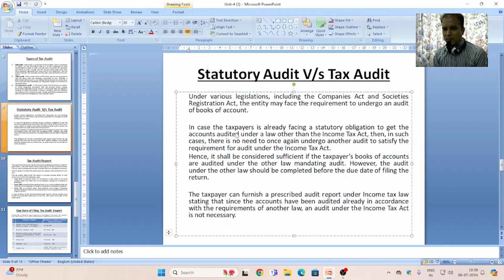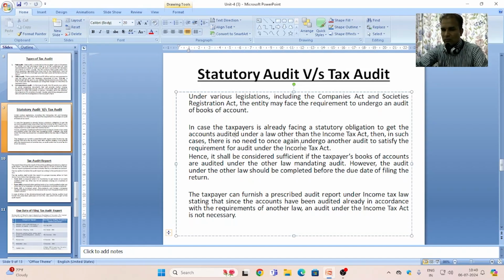In case the taxpayer is already facing a statutory obligation to get the accounts audited under a law other than the Income Tax Act, then in such cases there is no need to once again undergo another audit to satisfy the requirement for audit under the Income Tax Act. Here it shall be considered sufficient if the taxpayer's books of accounts are audited under the other law mandating audit. However, the audit under the other law should be completed before the due date of filing the return.